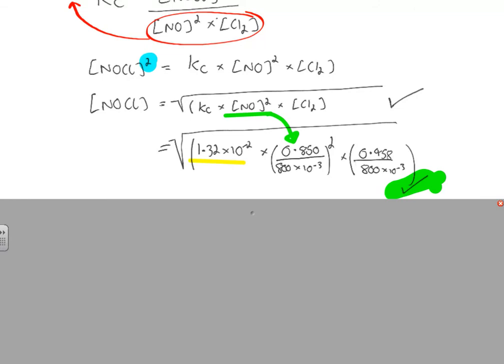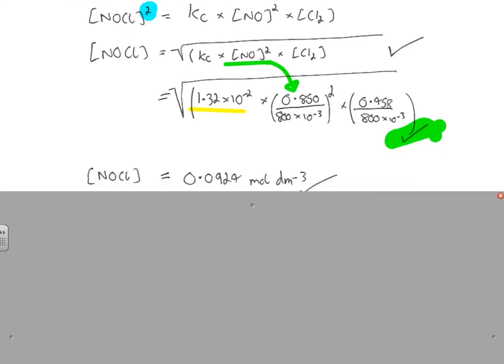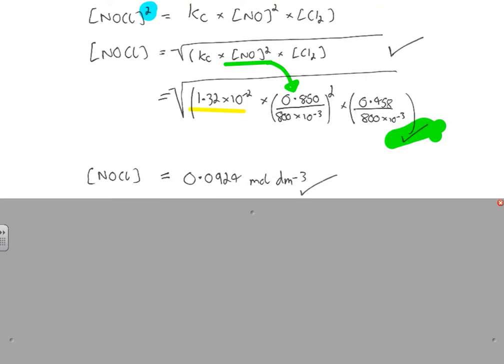Now, if I do all that correctly, what I should get as my concentration of NaCl is 0.0924 moles per decimetre cubed, and being able to rearrange the equation, calculate the quantities I need in terms of concentrations, and then express it all correctly and perform that calculation, I would get my third mark. And obviously it's tempting at this point to stop and think the question is done.